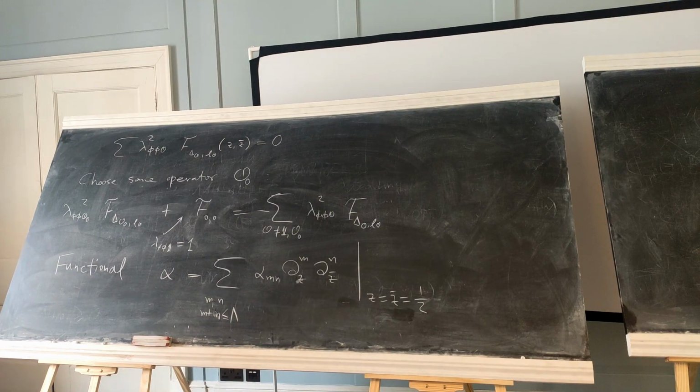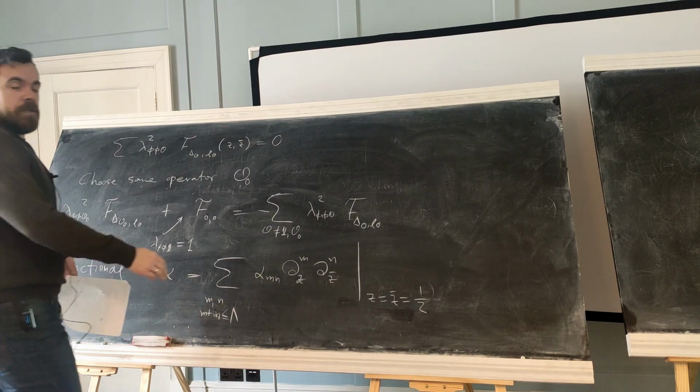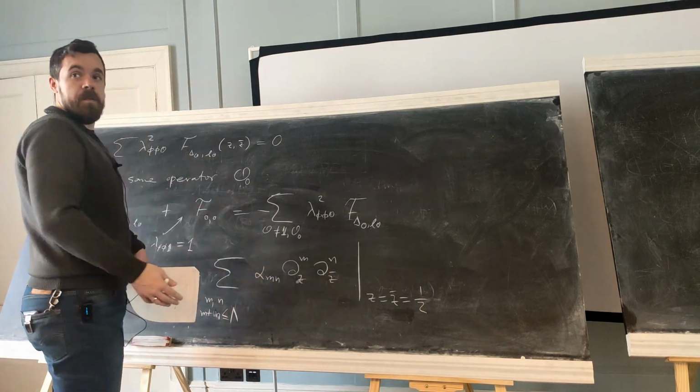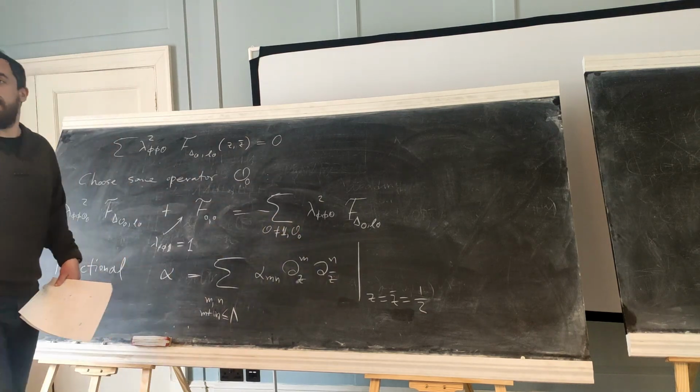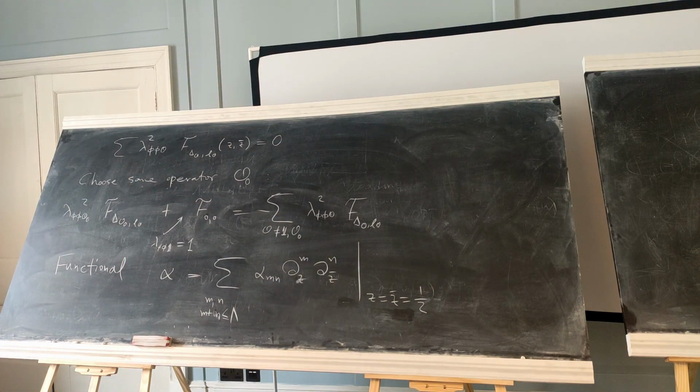I'm going to take this functional alpha. This takes a function of z and z bar, takes a bunch of derivatives on it, takes a linear combination of those derivatives with these coefficients alpha mn, and then sets z and z bar to 1/2. So that takes a function and gives me a number, I can call it a functional, okay?